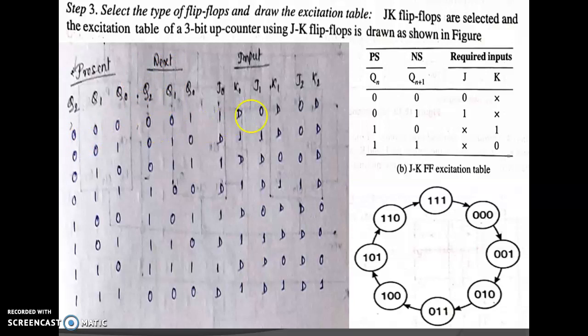That's why the J2 value is 0 and K2 value is D. Next, present state Q2 value 0, next state Q2 value 0. That means again J2 value 0 and K2 value D. So we will extract the remaining values of the J2 K2 flip-flop in the same process.